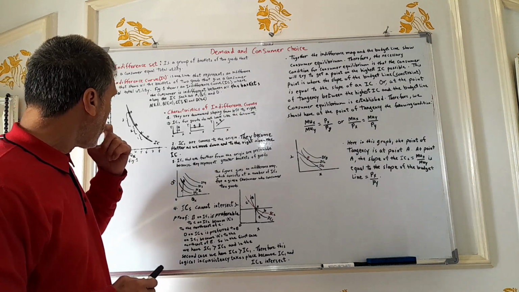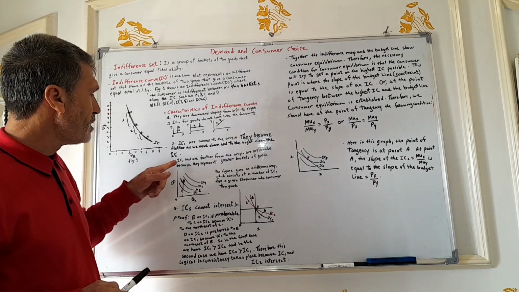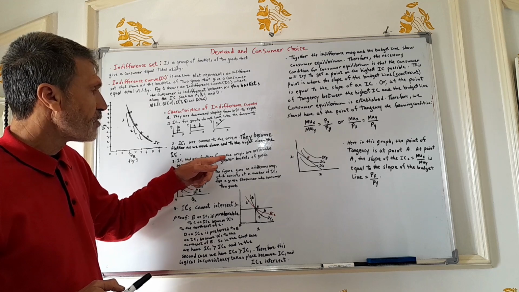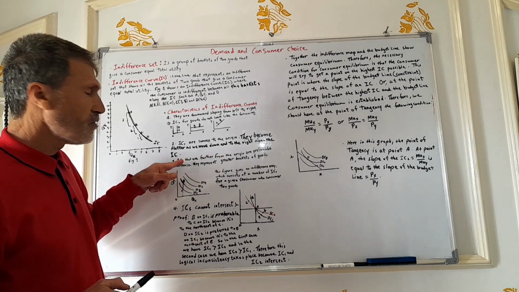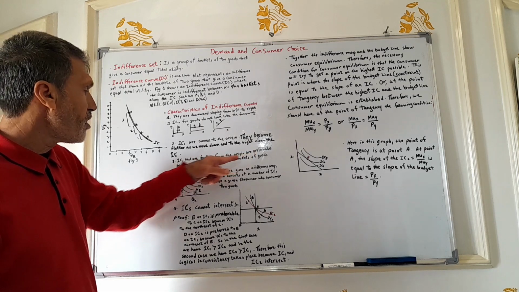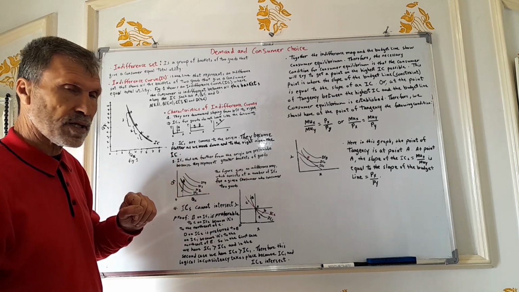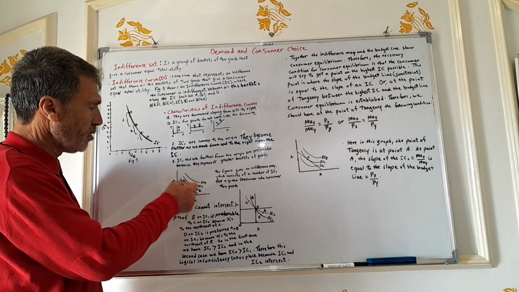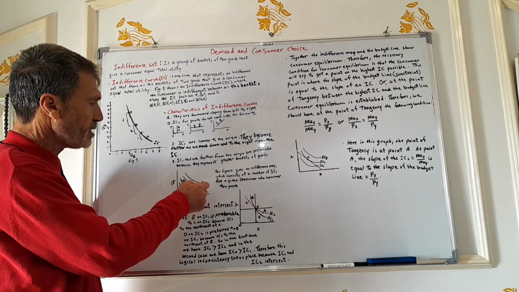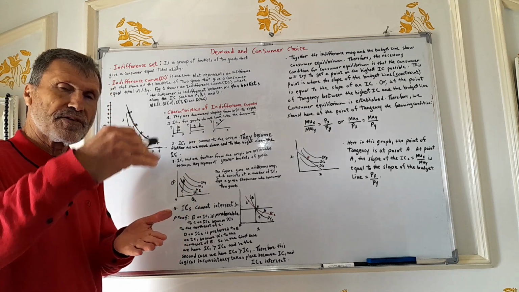The third characteristic of indifference curves is that indifference curves that are farther from the origin are preferable because they represent greater baskets of goods. If you look at this indifference map, it means that we have many indifference curves.